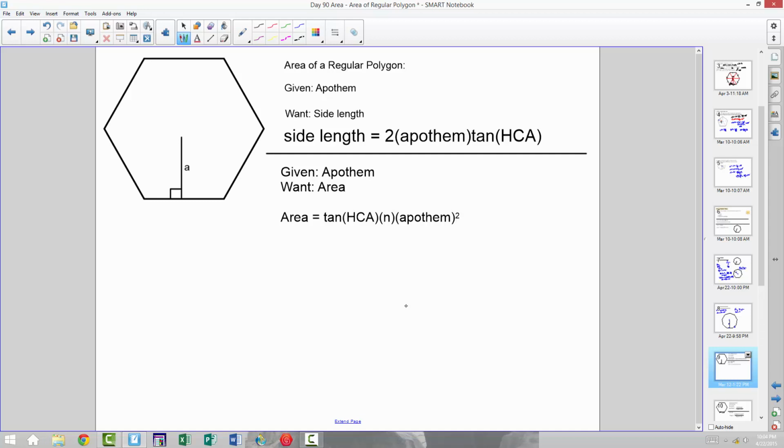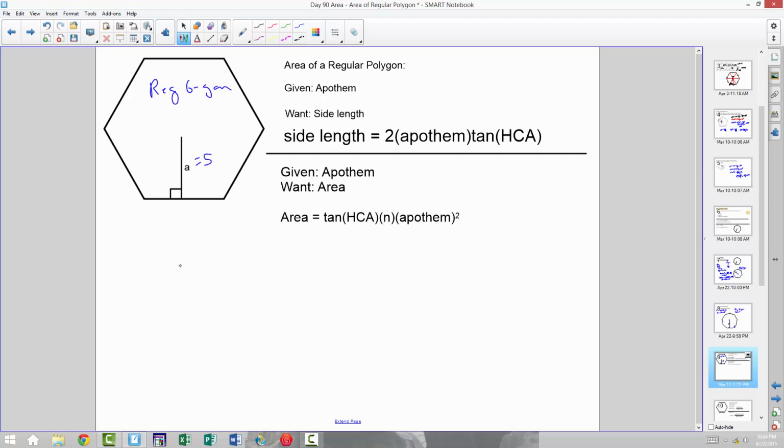If you want the area and you're given the apothem, your area is equal to tangent of the half central angle times number of sides times the apothem squared. So let's do an example. I'm going to say this is a regular hexagon, so this is a regular 6-gon. I'm going to give you the apothem and I'll say it's 5.